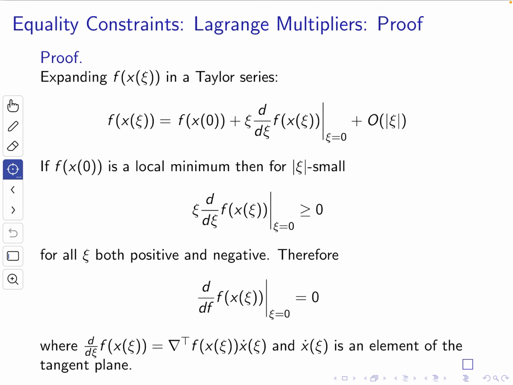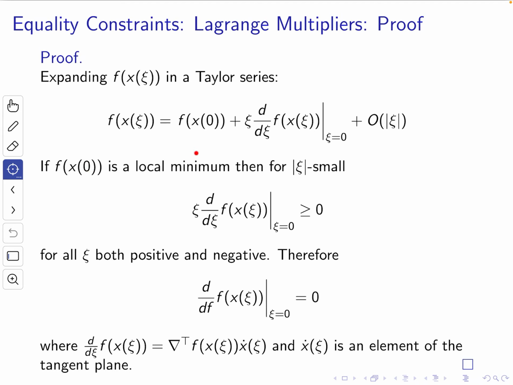All right, so proof: we expand in terms of a Taylor series. f of x of c, we expand around x star. So that's going to be f of x of 0, plus the derivative d dc of f of x of c at c equals 0 times my small deviation c, and then higher order terms.